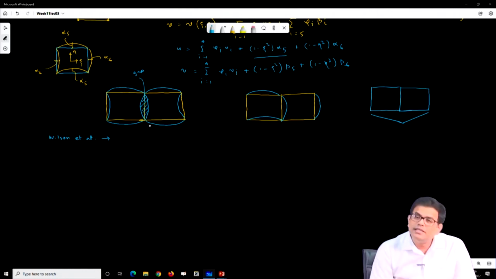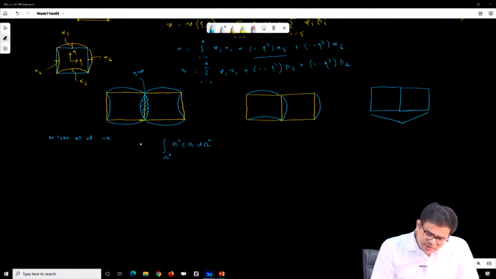Then what is my stiffness matrix? The stiffness matrix is our simple integral of B transpose C B d omega. Let us consider a single element. This is my stiffness matrix.